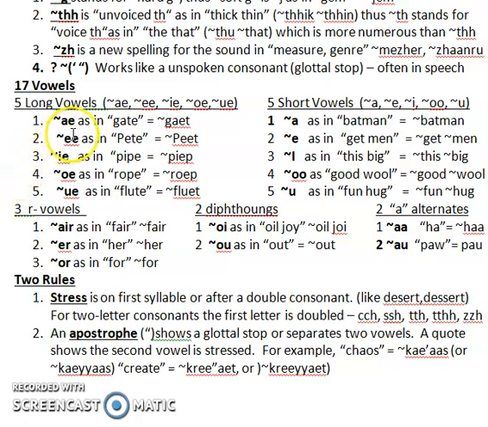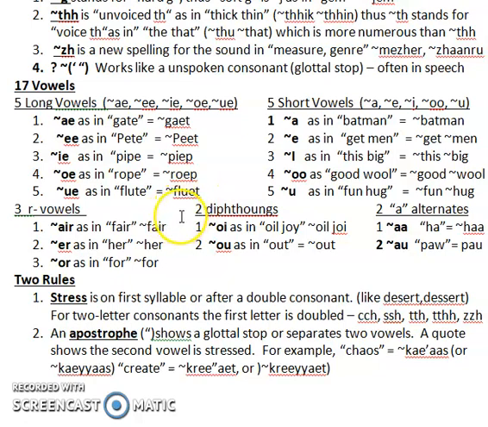There's a rule for the A, E, I, O, U sounds, as in you. These sounds take the silent E, as in gate, and bring it up to the vowel made long. These are called the long vowel sounds. So that's gate, that's peat, pipe, rope, and flute.